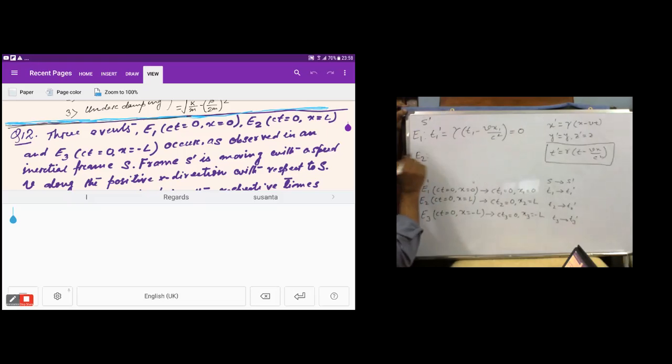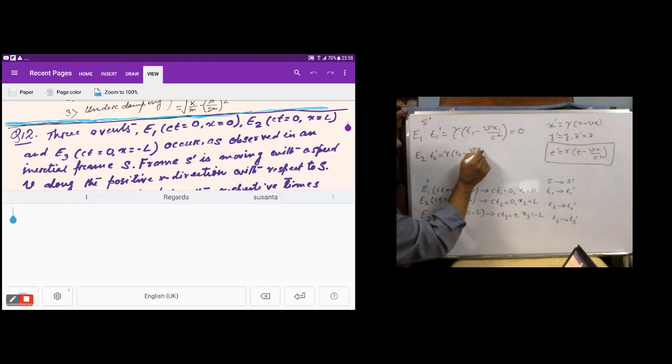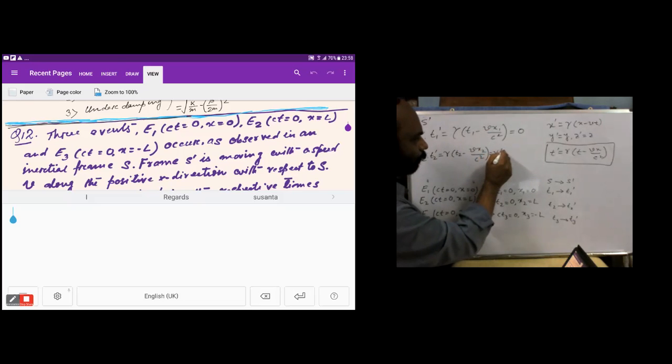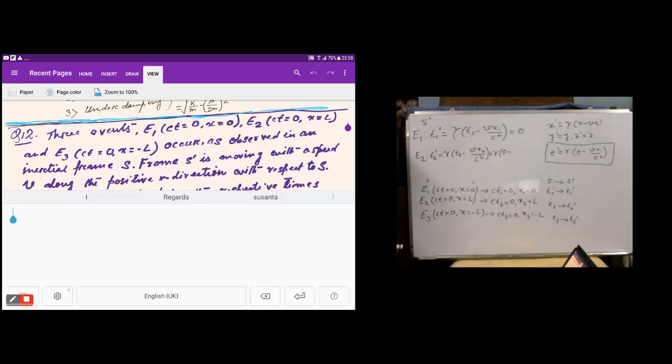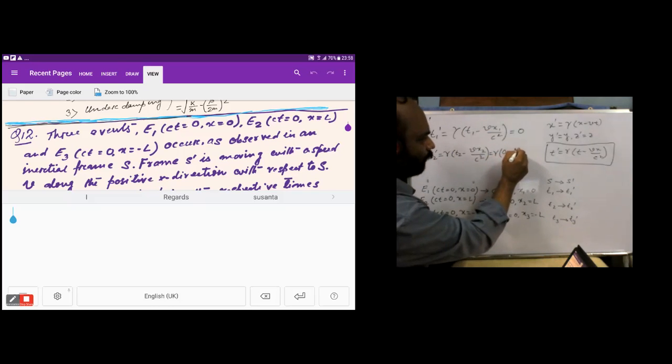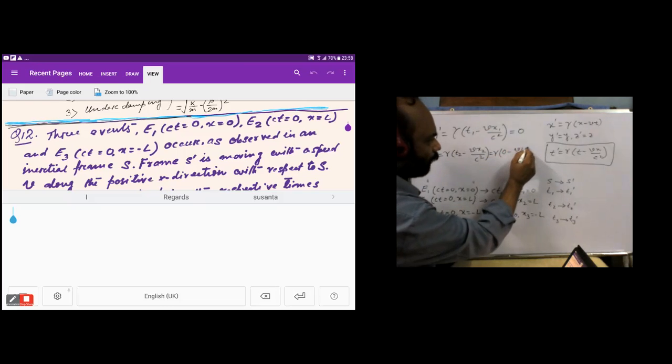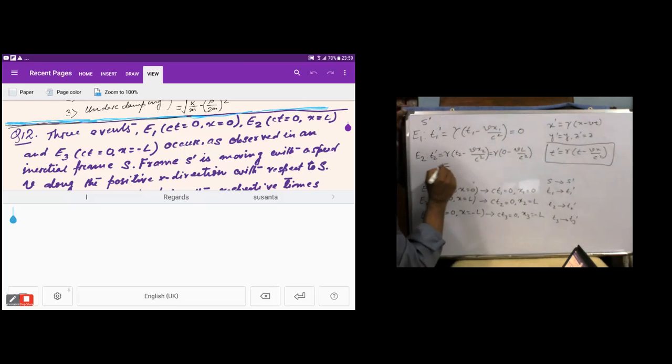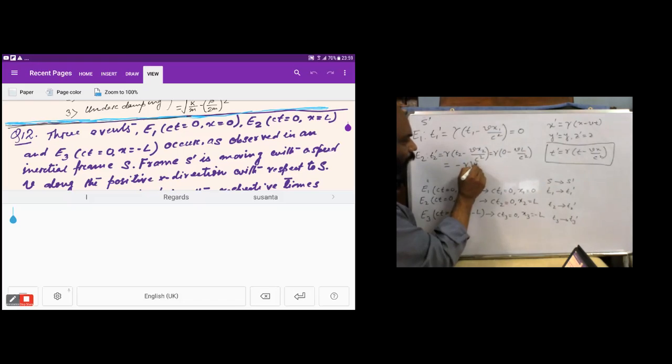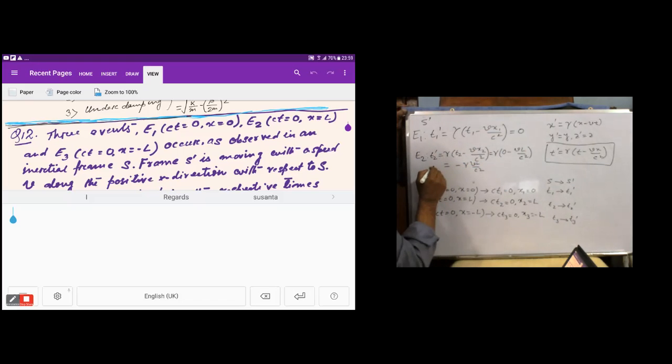For E2, T2 dash is equal to gamma (T2 minus Vx2 by C square), that is equal to gamma, our T2 is 0, X2 is L, so minus gamma VL by C square.